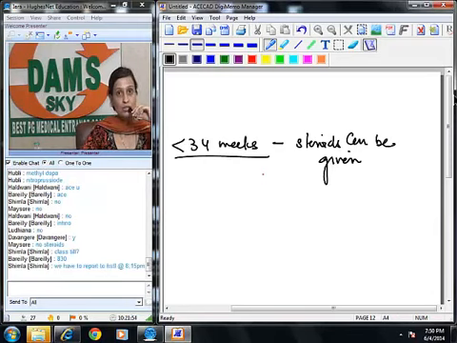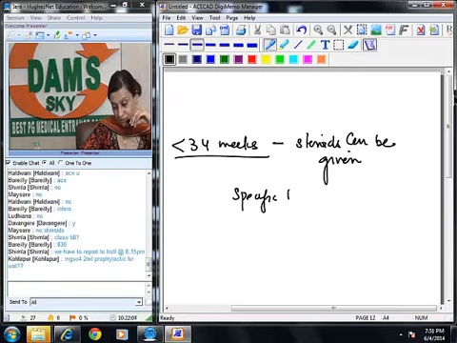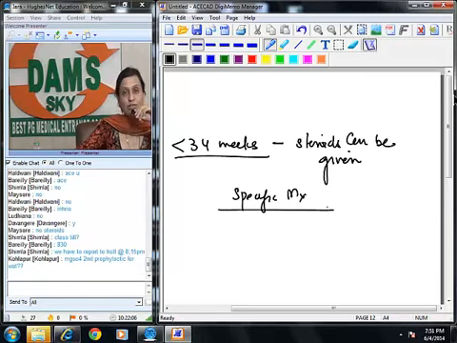The next thing we come to: so this was the symptomatic management. Talking about the specific management, can you tell me what is going to be the specific management?